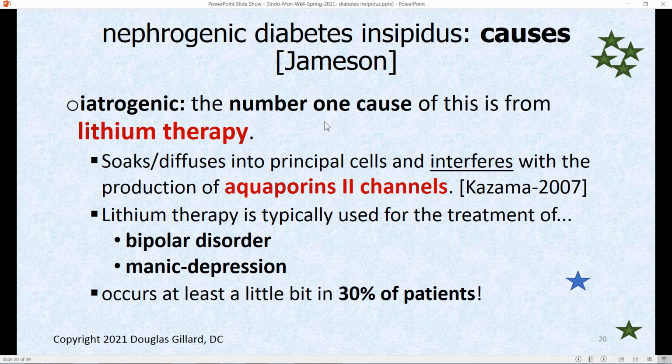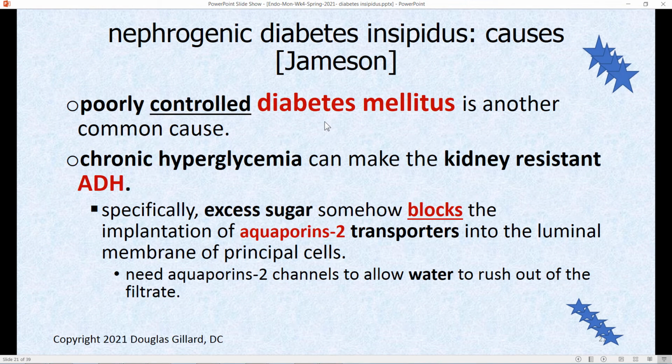Unlike aquaporins 3 and 4, which are always in the principal cell basolateral surface, aquaporin 2 has to be made when ADH binds to the principal cell. So lithium messes that up, and if you can't make aquaporin 2 channels, you can't get the water out of the filtrate. Almost a third of patients on long-term lithium therapy end up with at least some degree of diabetes insipidus. What's another cause?